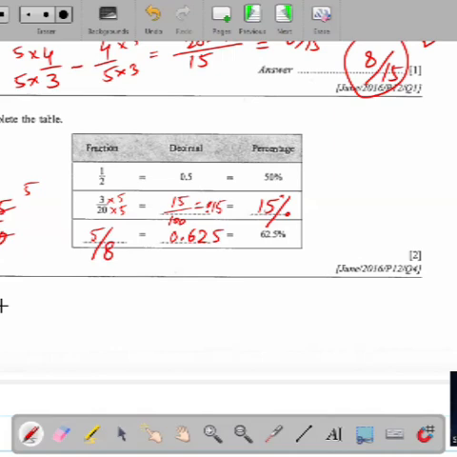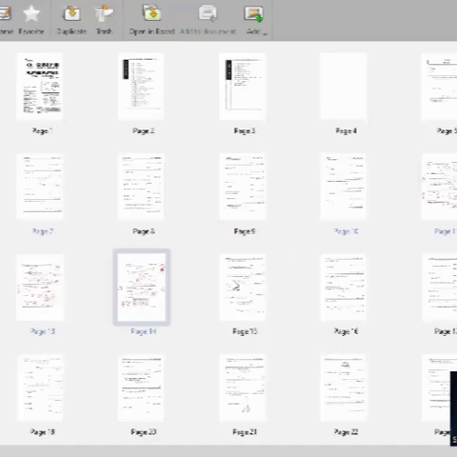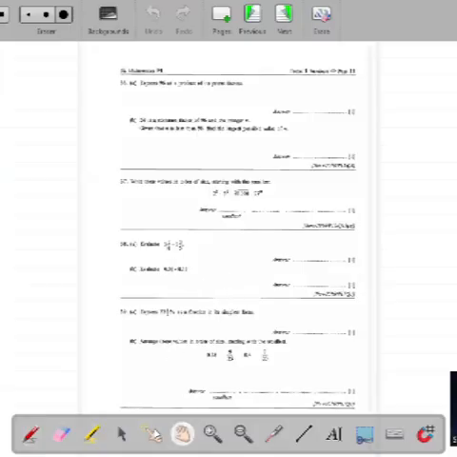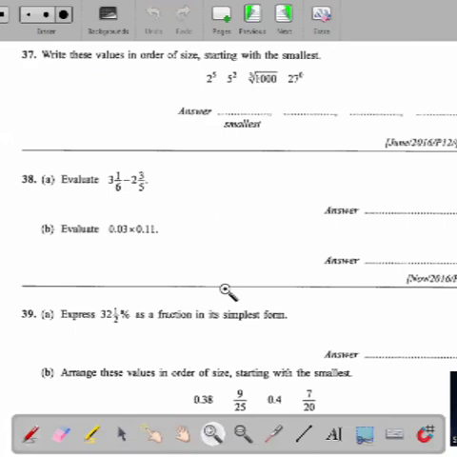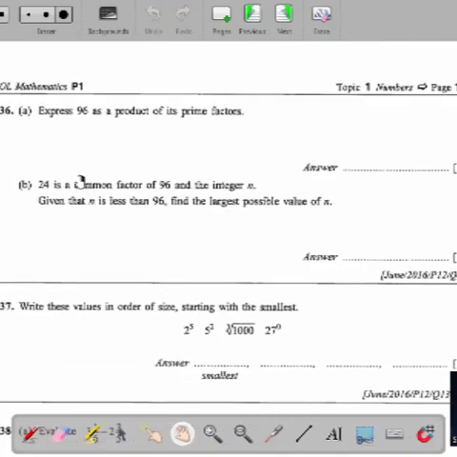And let's go to the next question. Express 96 as the product of its prime factors.